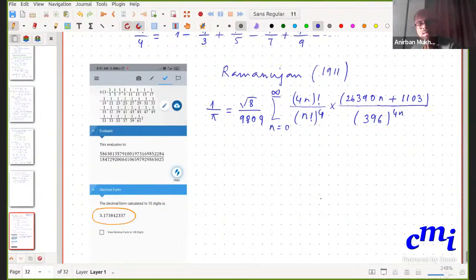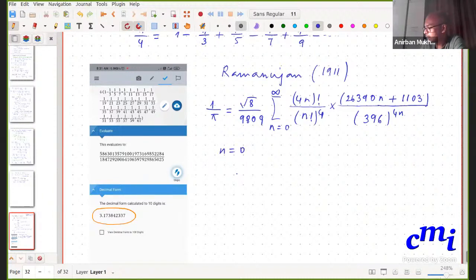As you can see, the convergence is extremely fast. If you just take n equal to 1, you get a huge denominator. So the convergence is extremely fast. I just tried the first term, so just n equal to 0.